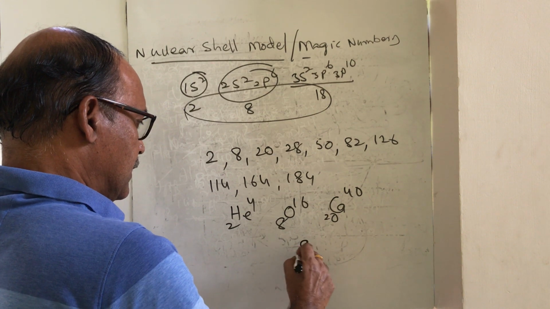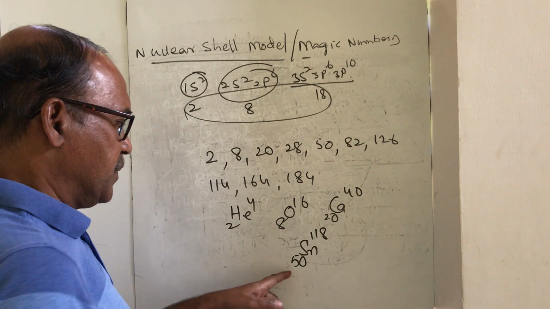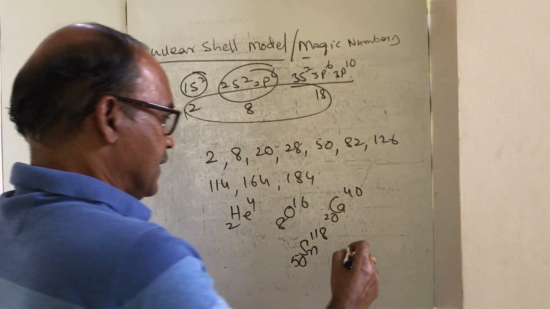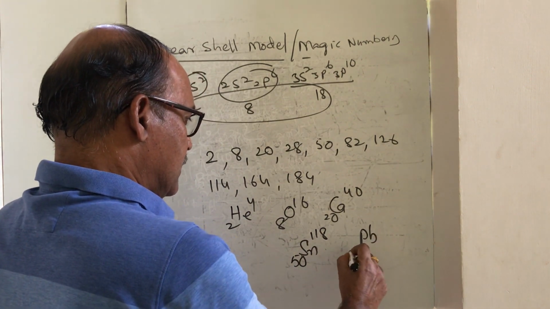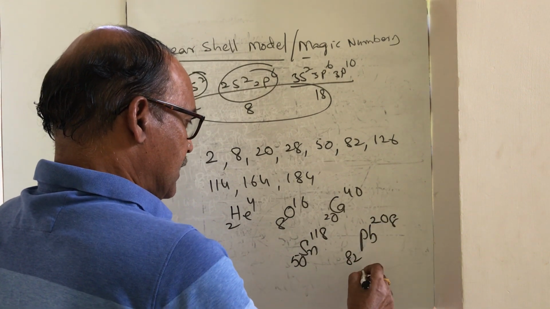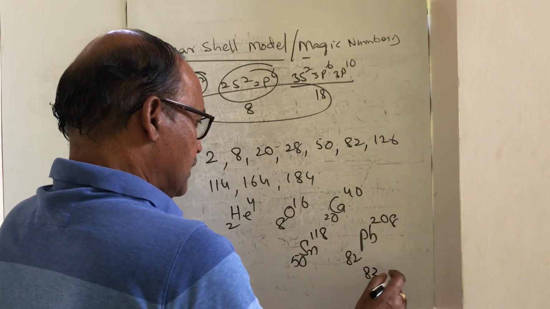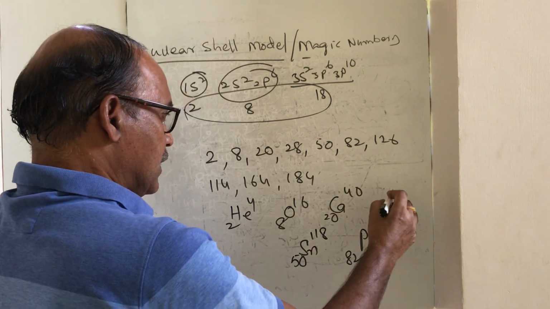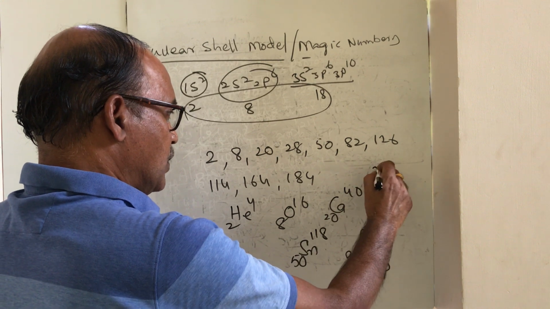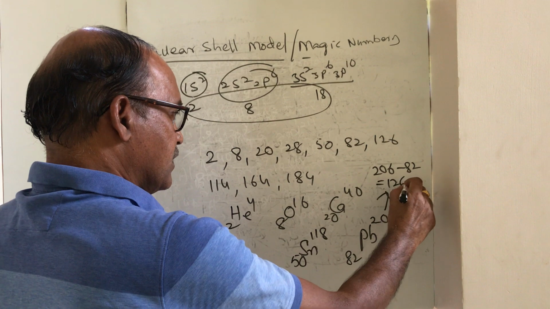Say tin with 50, 118, with respect to only proton number, and lead 82, 208, where 82 is the proton number, whereas 208 minus 82 is 126, the neutron number.